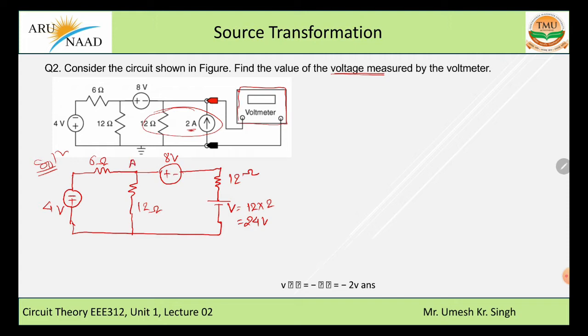So point A and voltage at A is VA, 3 currents flowing in forward direction, I1, I2 and I3. So if we apply KCL at node A, what will you get? You will get that I1 plus I2 plus I3 is equal to 0.